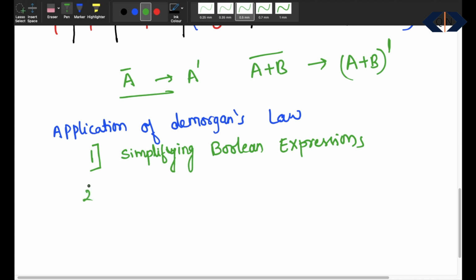Second, we will also be using it in logic circuit design. Basically it is the same. If we are able to minimize the circuit expression, then we can create the circuit design also. And all others are the same, like optimizing the circuit and time complexity management.